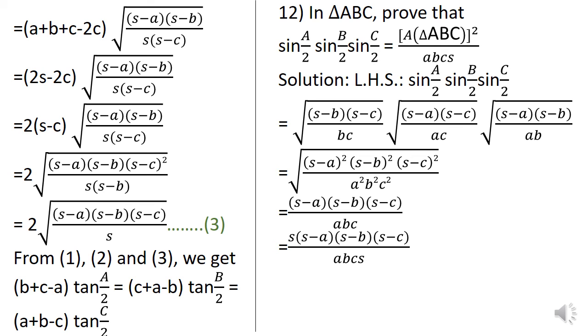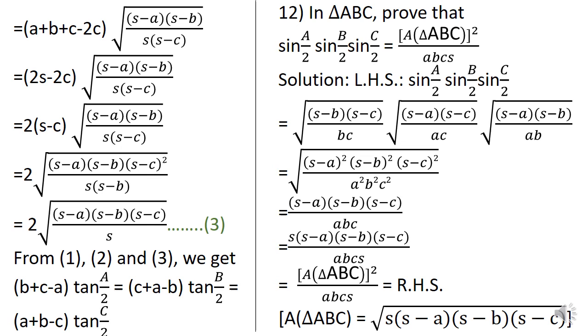Thus we get s into (s minus a)(s minus b)(s minus c) upon abcs, which is the same as the area of triangle ABC the whole square upon abcs, which is equal to RHS. That is because we know that the area of triangle ABC is actually root of s into (s minus a)(s minus b)(s minus c). Study the sum for some time by pausing the video and you will understand how it is done.